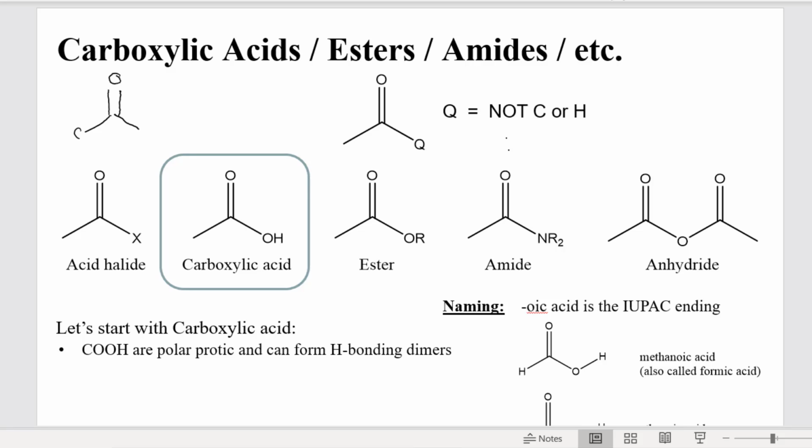Remember, ketones have carbons flanking both sides of the carbonyl, right? And a carbonyl is the carbon double bond oxygen. So notice every single one of these has a carbon double bond oxygen. They all have a carbonyl. An aldehyde has a carbon, typically, but definitely a hydrogen flanking one side.